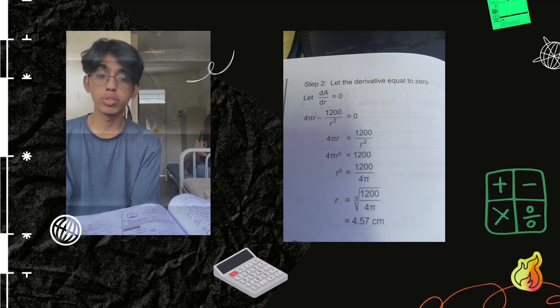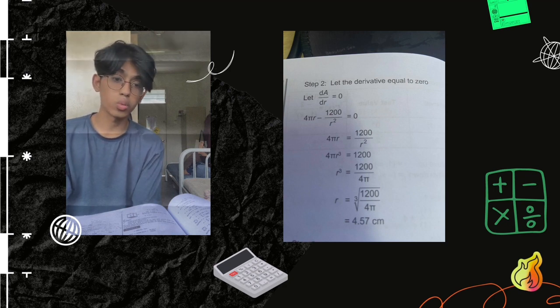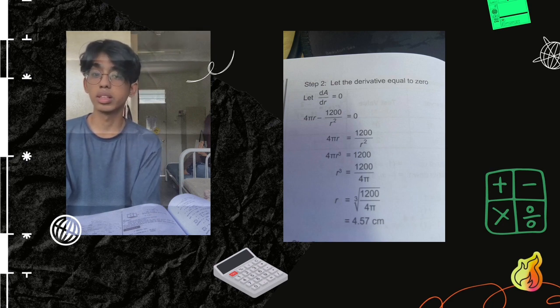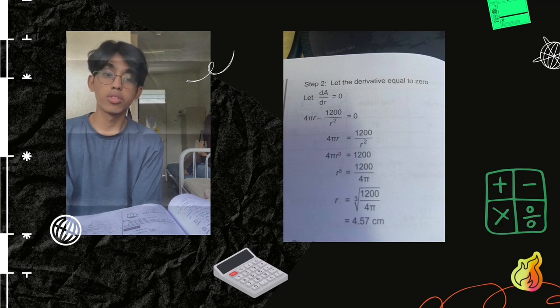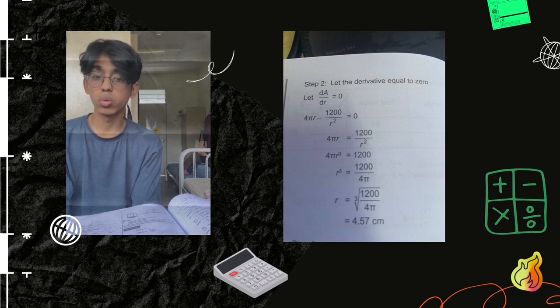Then we move 1200 over r squared to the right side, and it will be 4 pi r equals 1200 over r squared. Then the r squared moves to the left side and multiplies with 4 pi r, so it becomes 4 pi r cubed equals 1200.